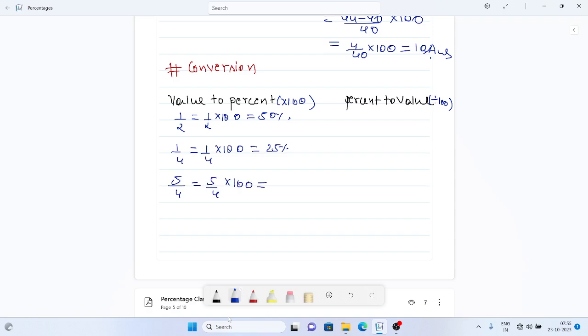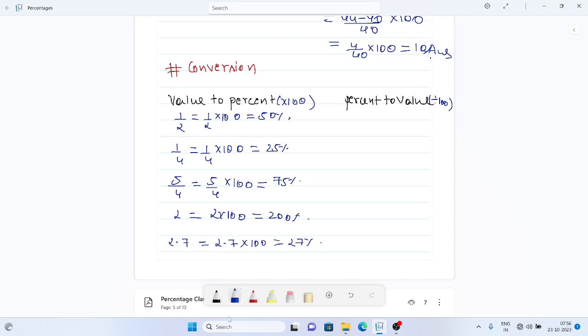So 100 by 4 is 25, multiplied by 5 you get 125%. Similarly, if I take 2, it is 2 into 100, so it is 200%. 0.27 into 100 is 27%. Got this?